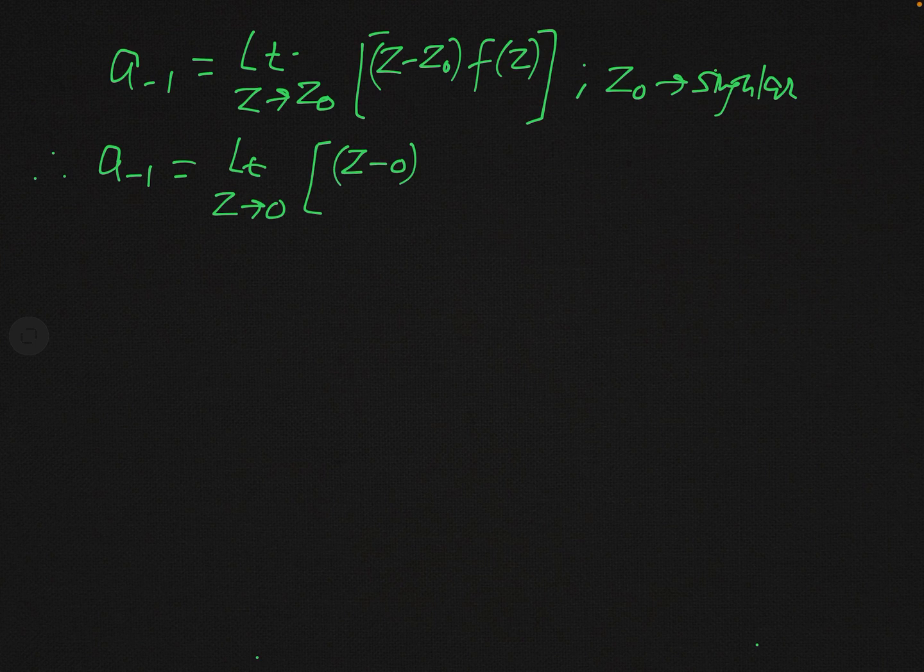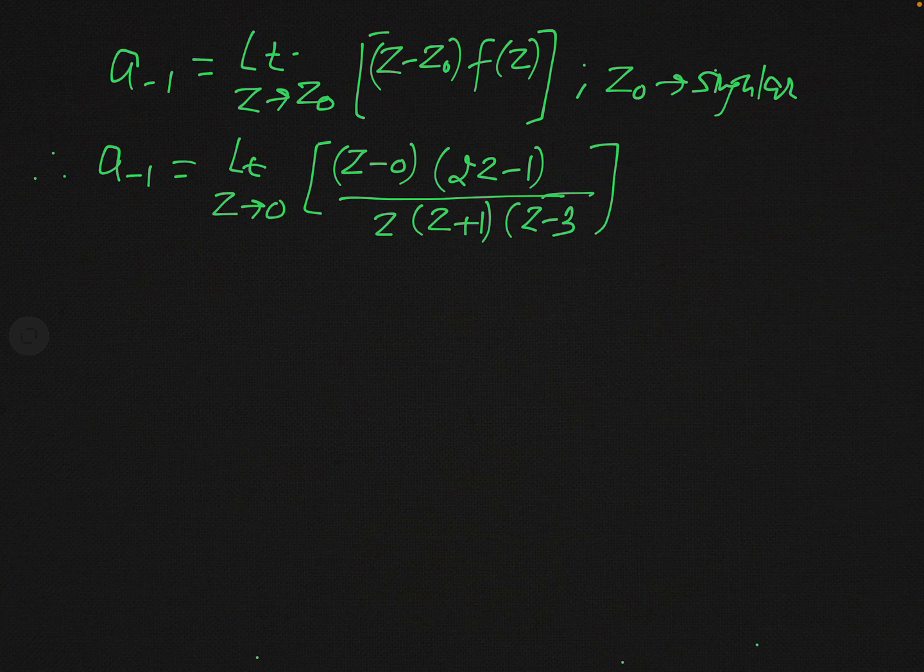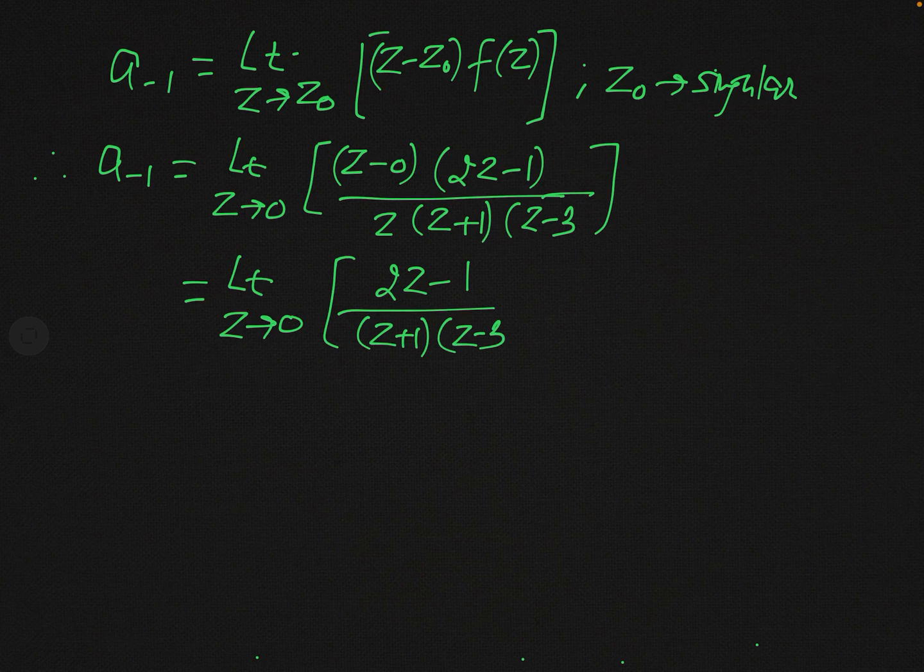In fact, we are given in this problem, this f of z is 2z minus 1 over z into z plus 1 into z minus 3. Now you can see this z minus 0 is simply z, so this will cancel out by the z in the denominator. So our result is limit z tending towards 0 of 2z minus 1 over z plus 1 into z minus 3.